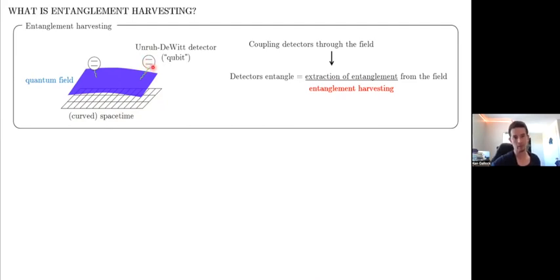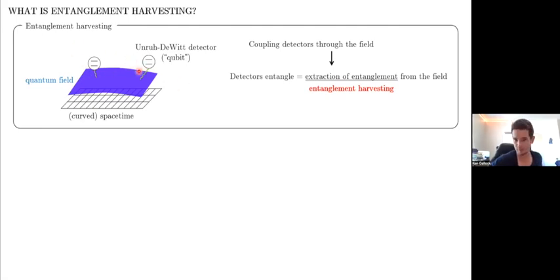Typically, we use Unruh-DeWitt detectors, and we let them interact locally with the field. At the end of the interaction, they'll become entangled.